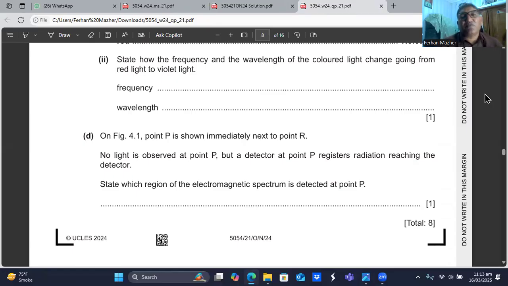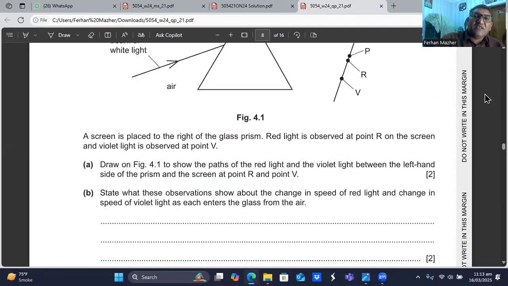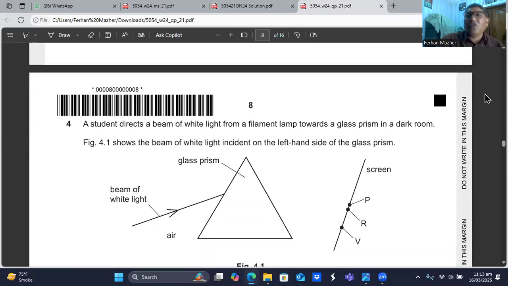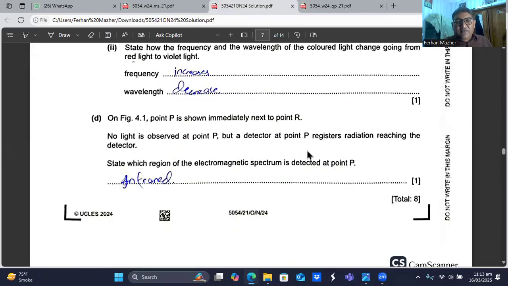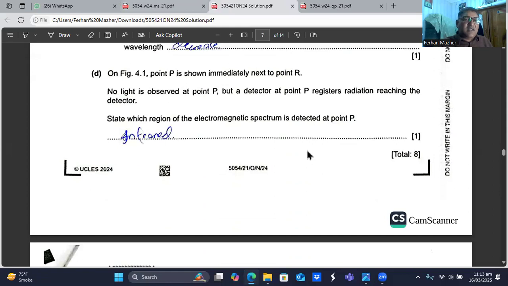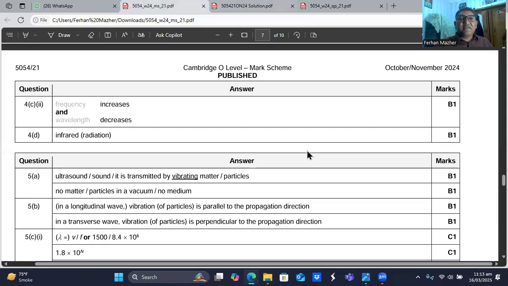State which region of the electromagnetic spectrum is detected. So from red to violet is the visible light. And beyond the red, at the point P, this is infrared, which is not visible to the naked eye. So infrared is the answer.